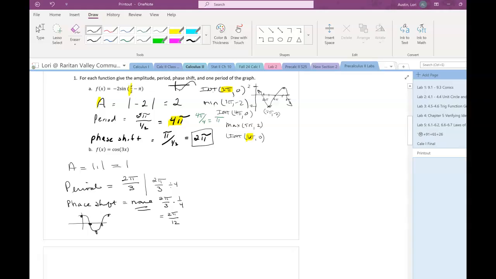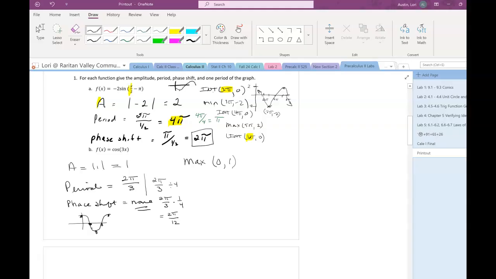Max, intercept, min, intercept, max. So we start with a max. There is no phase shift, so our initial value is going to be at 0. If there's no phase shift, you go back to your standard cosine graph, it's going to start at 0. And the amplitude was 1, so it's 0, 1.